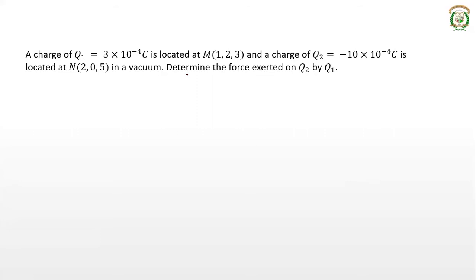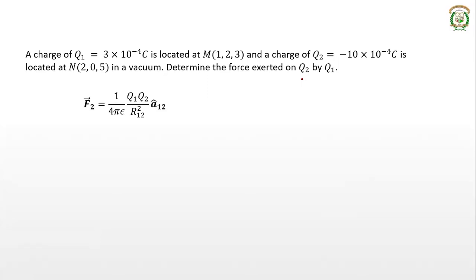Okay, so you are asked to determine the force exerted on Q2 by Q1. So there are two charges, Q1 and Q2. Their locations are given, their magnitudes are given, medium is also given. You are asked to find the force exerted on one of the charges by the other. So you can get the force exerted on any point charge by another point charge using Coulomb's law.